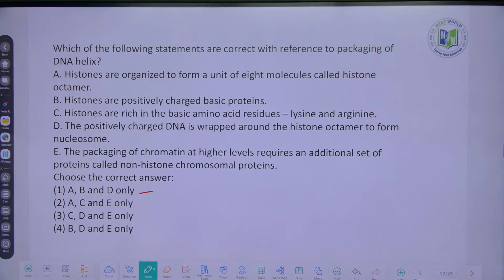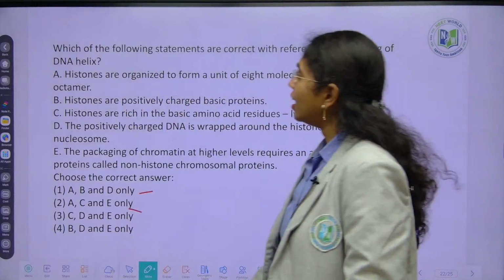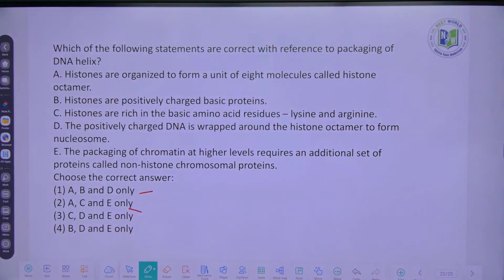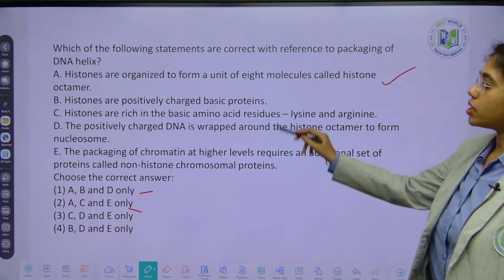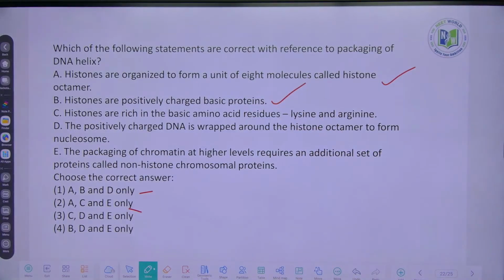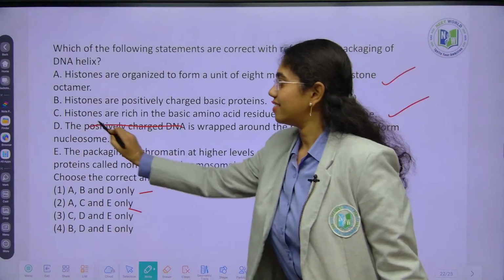Which of the following statements are correct with reference to packaging of DNA? Histones are organized to units of 8 molecules called histone octamers. Histones are positively charged basic proteins. Histones are rich in basic amino acids like lysine and arginine. Positively charged DNA, wrong.